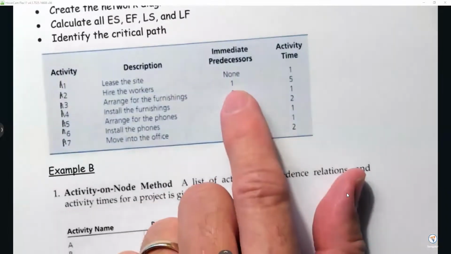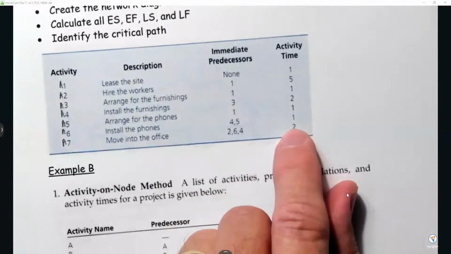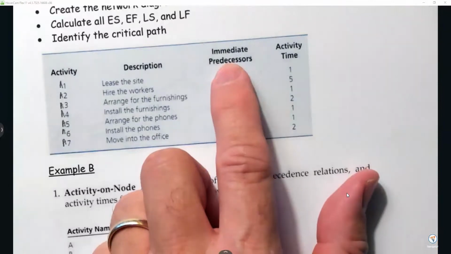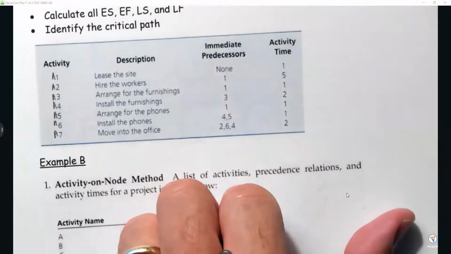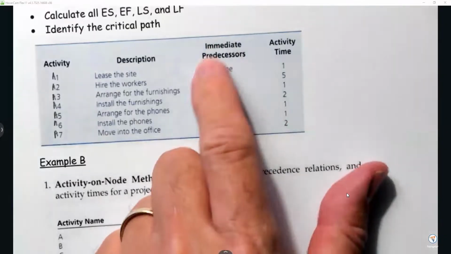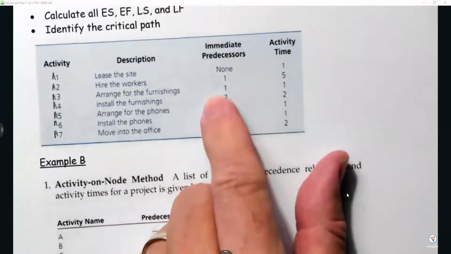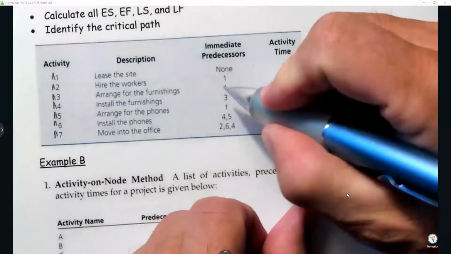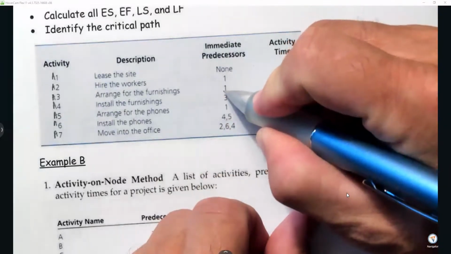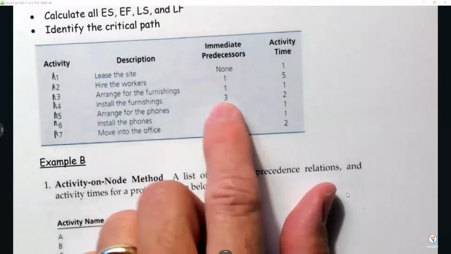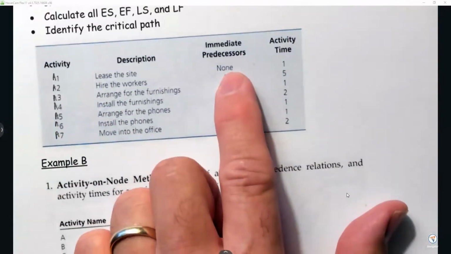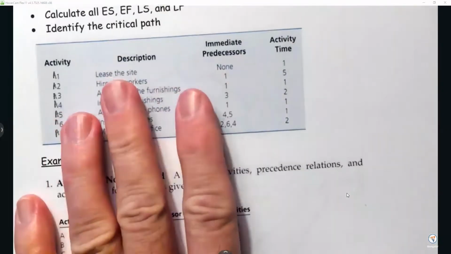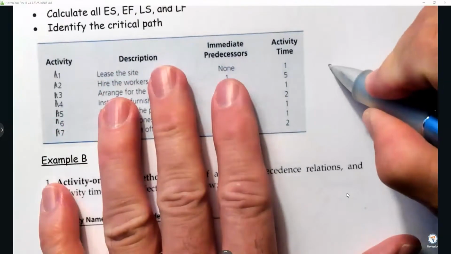The key to this one is looking for predecessors, things that come before another activity. The predecessor for A1 is none, so that's the first one.